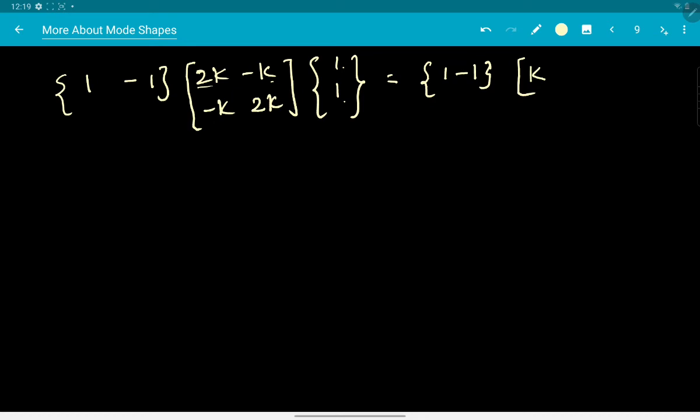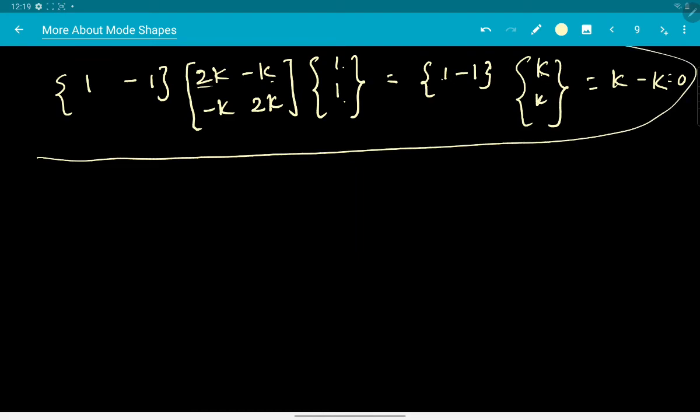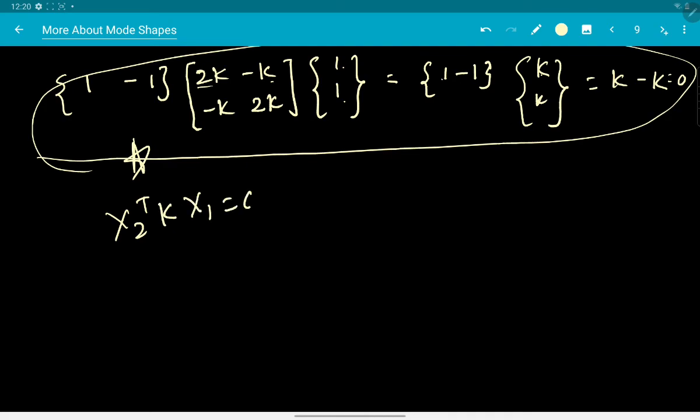This is minus k plus 2k, which is again k. It should be arranged in vector form, which comes out to be 1 multiplied by k is k, this minus 1 multiplied by k is minus k, and this is 0. So this is true, that is x2 transpose k x1 is 0.